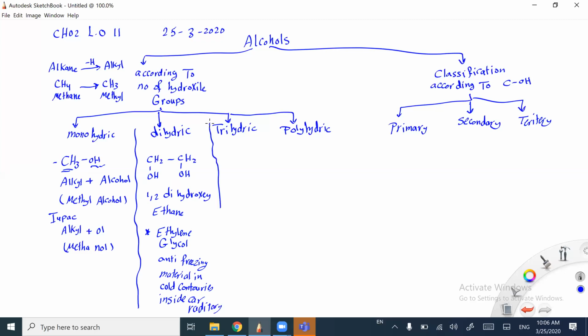ده بيستخدم للكولينج في الكار radiator in cold countries، وده زي ما اتفقنا كان effective أوي في Second World War since it was not discovered till 1950 and the Second World War finished in 1945. There is a story that when the Germans entered St. Petersburg, a Russian city, it was the start of the winter.